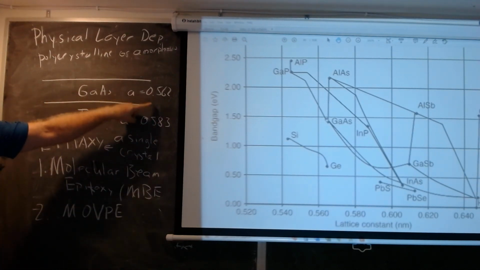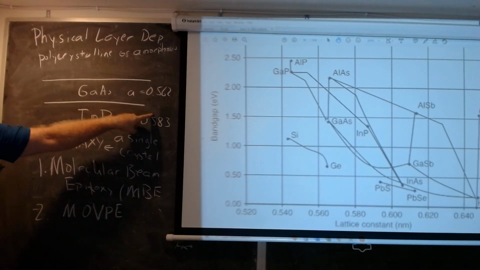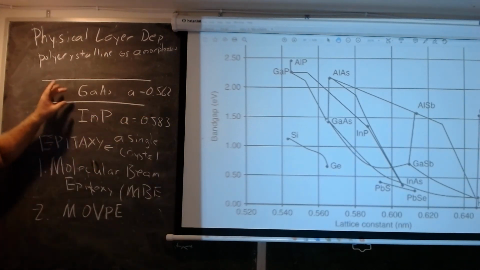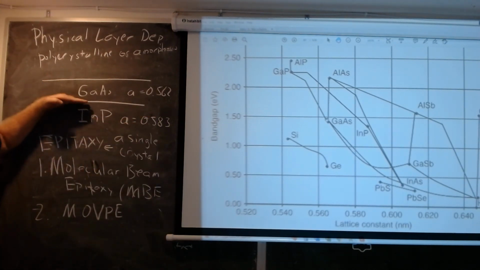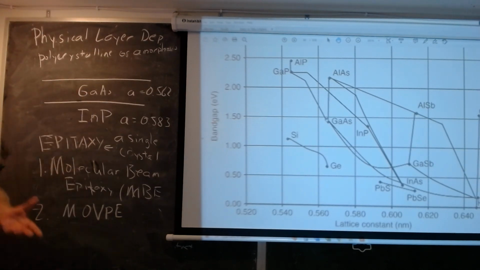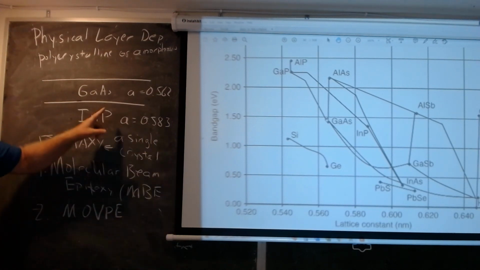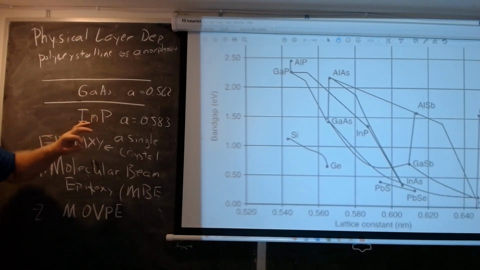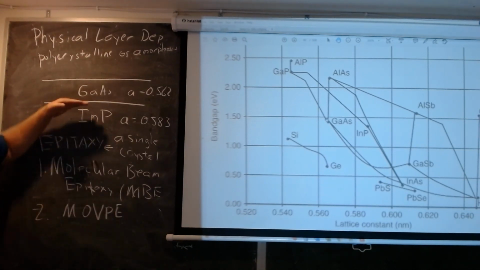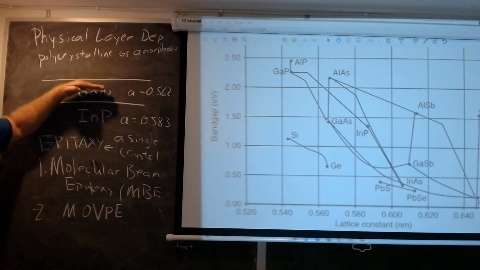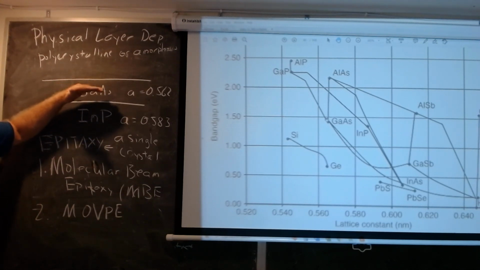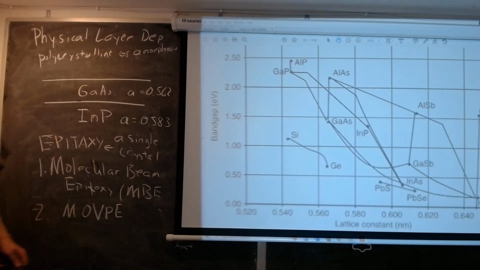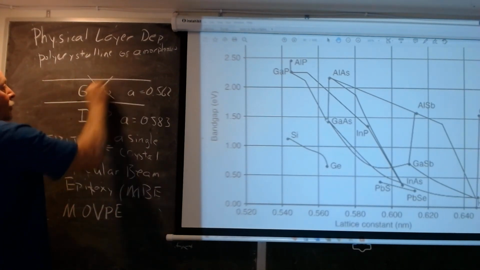You see, the lattice constants don't match up, and so what's going to happen is that this layer of gallium arsenide, as you deposit it, is going to be under what's called strain, because it doesn't want to be at this lattice constant. It will be forced to be at that lattice constant because you're depositing it on the indium phosphide. All right, but what will happen is that if you try to deposit more than, I don't know, 10 angstroms of it, the crystal will crack.